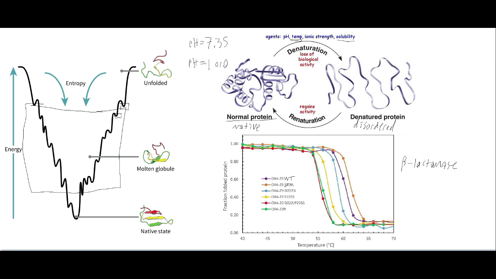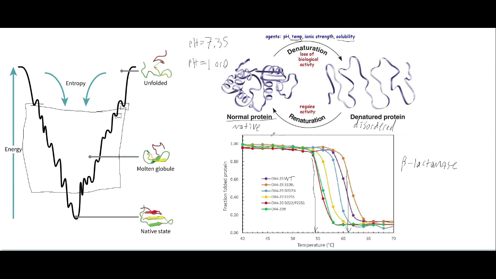You can see just by adding these different mutations into our protein, we actually changed the stability of the protein, where the OXA 23 with these two mutations denatures at a lower temperature than, say, the OXA 23 with just the serine to leucine, which denatured at this higher temperature.